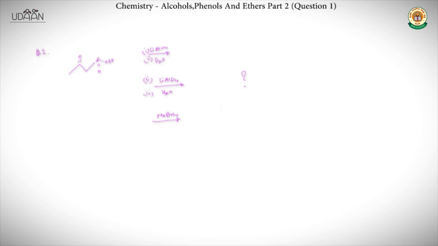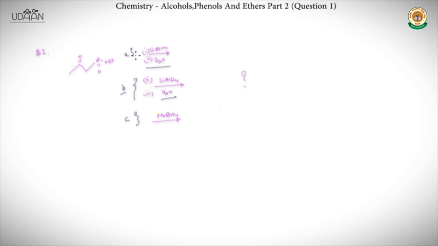Now we proceed with the first question, and you can see different varieties in it. In the first part we have LiAlH4, and in the second step we have used deuterated water. In the second part, the B part, they have used LiAlD4 and H2O, and in the third part they have used NaBH4.